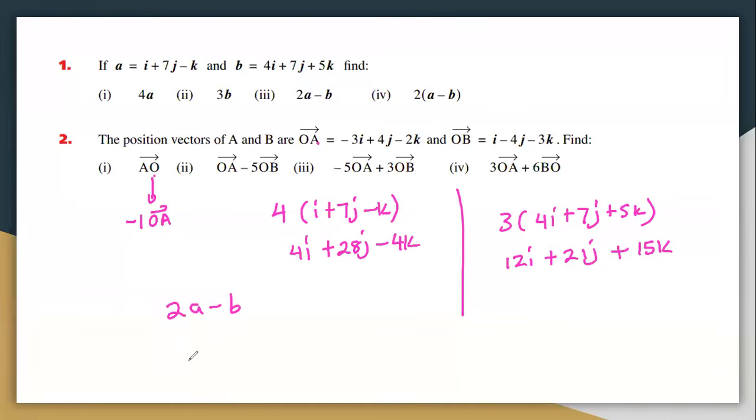Then for part C, or part 3, I have negative 2i plus 7j minus 7k.